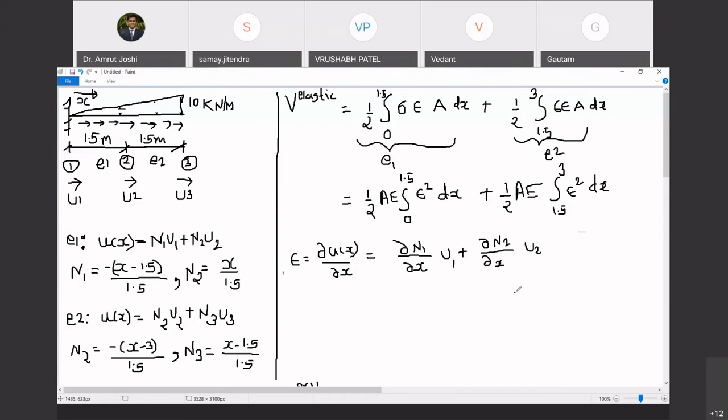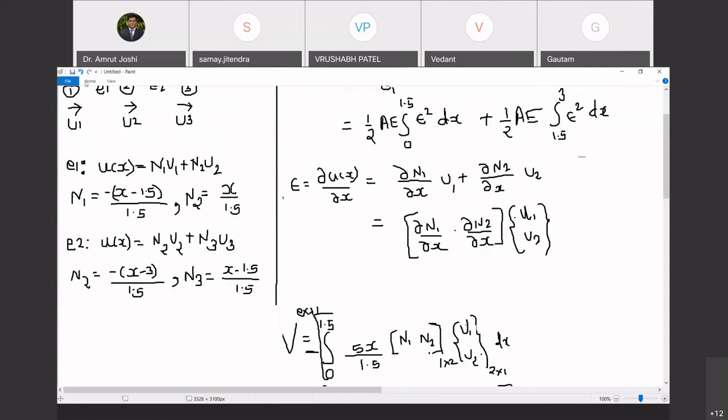So I can express this in matrix form as [∂N1/∂x ∂N2/∂x] times [U1, U2]. Agreed?